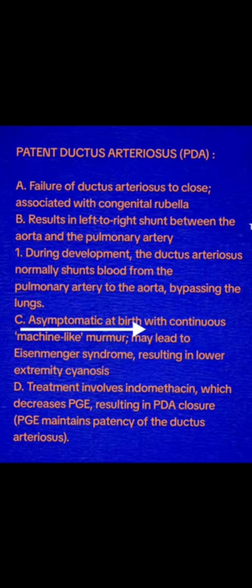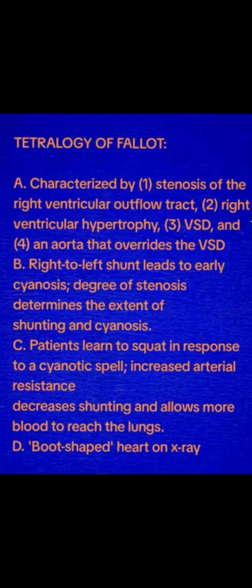Asymptomatic at birth with continuous machine-like murmur, may lead to Eisenmenger syndrome, resulting in lower extremity cyanosis. Treatment of patent ductus arteriosus involves indomethacin, which decreases prostaglandin E, resulting in patent ductus arteriosus closure. Prostaglandin E maintains patency of the ductus arteriosus.